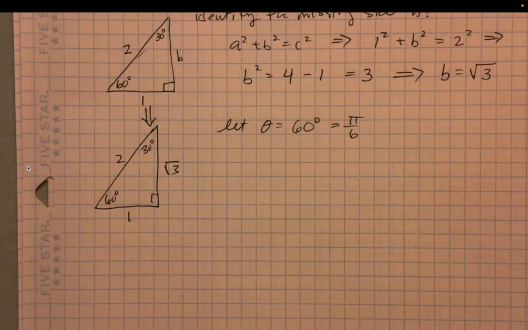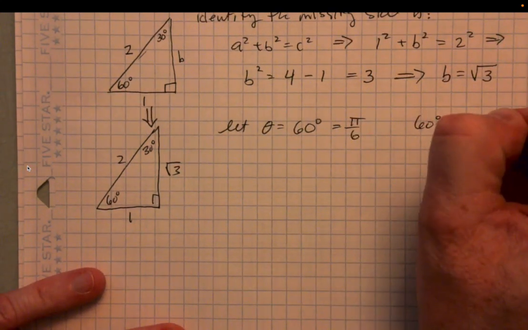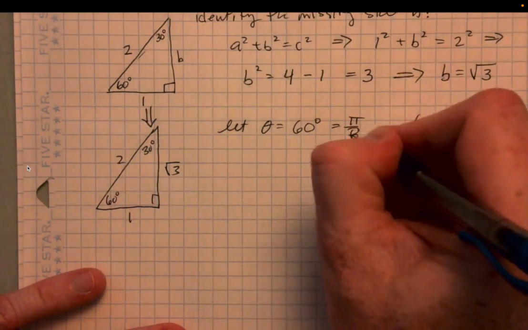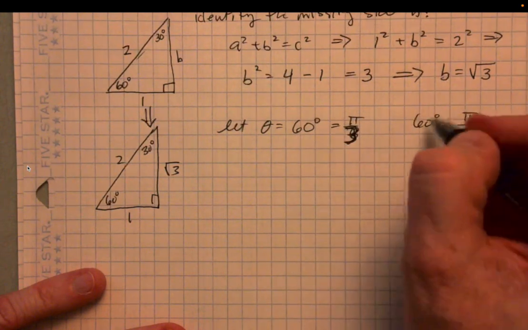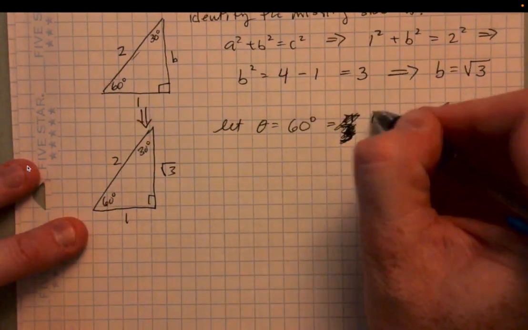Wait one second, I've got to make sure. Let me double check this. 60 degrees times pi over 180, that's pi over 3. I'm sorry about that. So 60 degrees is pi over 3.